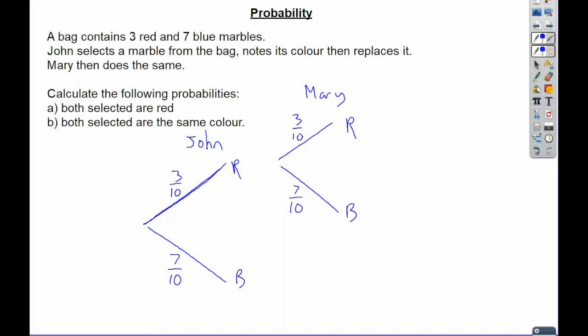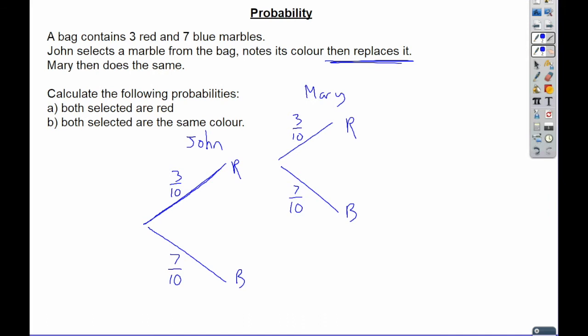Can you just take a moment to think about why they're the same? Which part of the question tells you that they're the same? Very good. Because this bit here, it says, then replaces it. When John replaces his first choice, then that means Mary has automatically got exactly the same chances of getting a red or a blue the second time. That's really, really important.